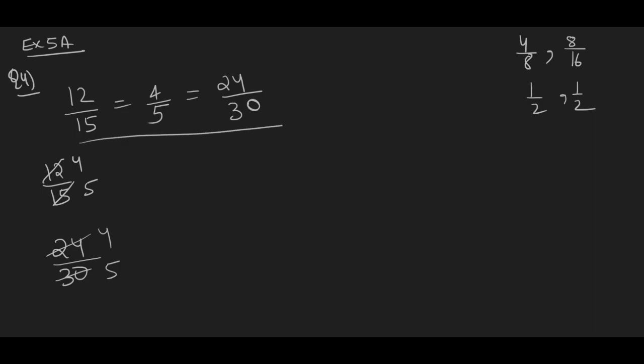So fractions which on simplification give the same fraction are called equivalent fractions. The definition in your textbook says two or more fractions having the same value or representing the same part of a whole number are called equivalent fractions. We have already discussed some examples. Suppose you have a rectangle and you divide it into 2 parts, so this will be 1 upon 2.